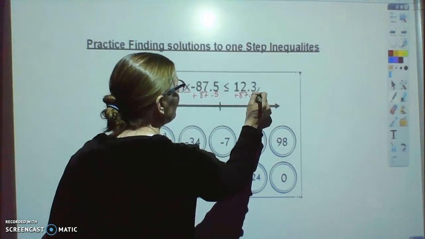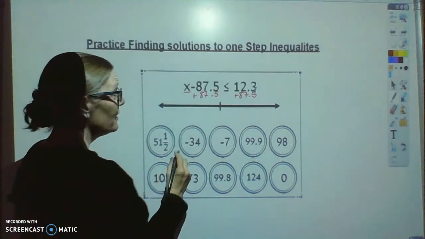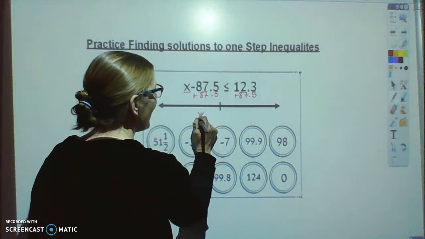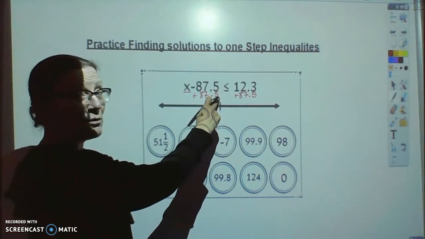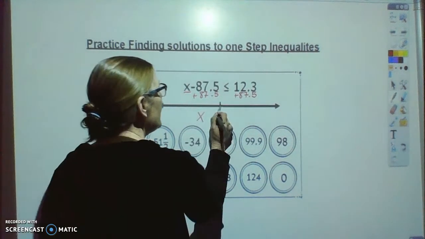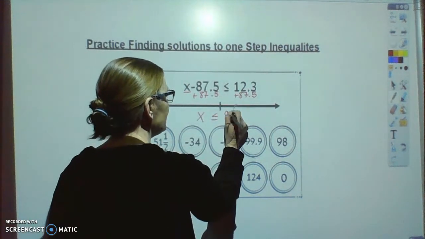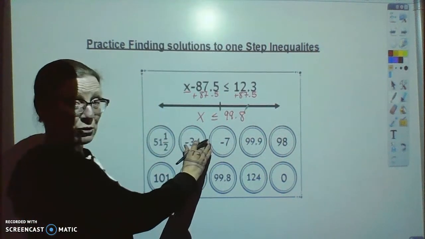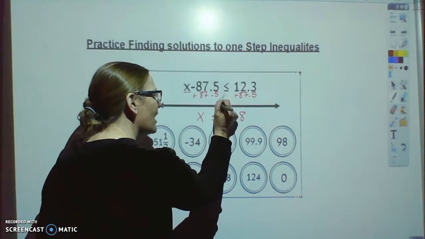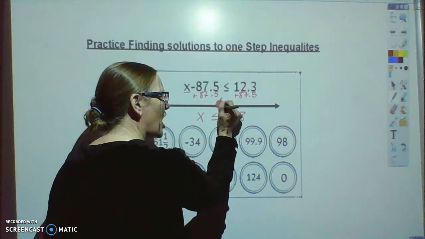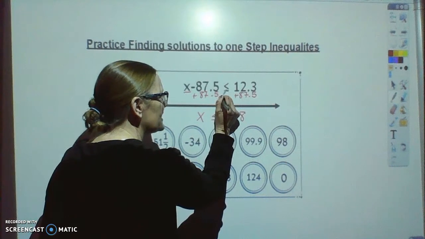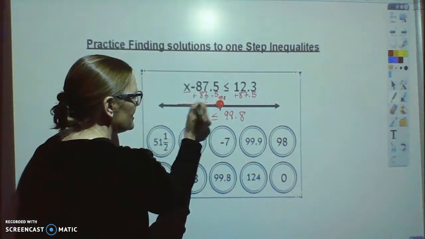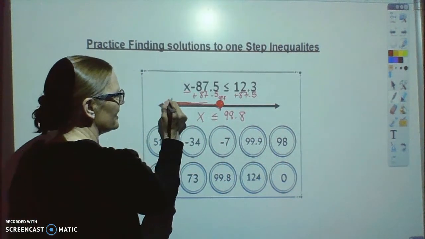What I do to one side of the inequality, I do to the other. When I get the solution, x is less than or equal to 99.8. Now, if I was to graph that, I would close the dot at 99.8, and I would shade to the left-hand side, the numbers that are less than.